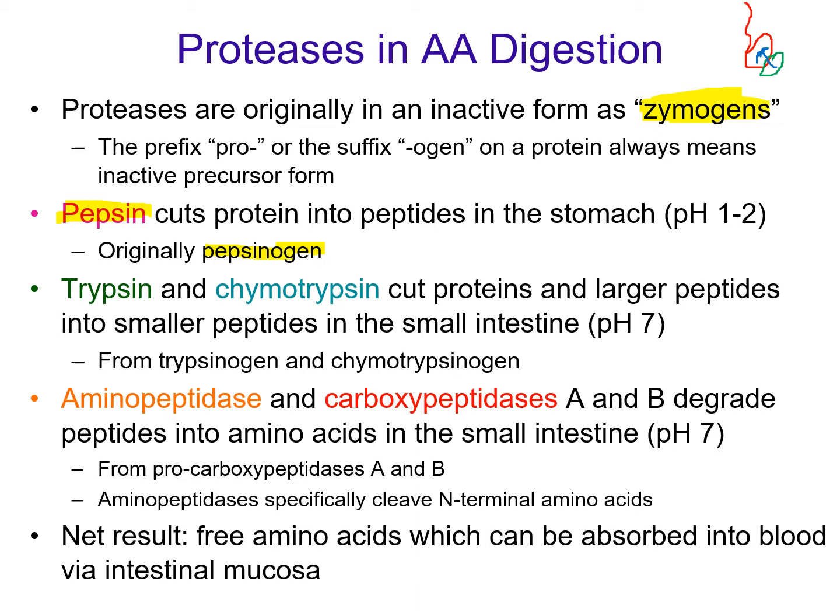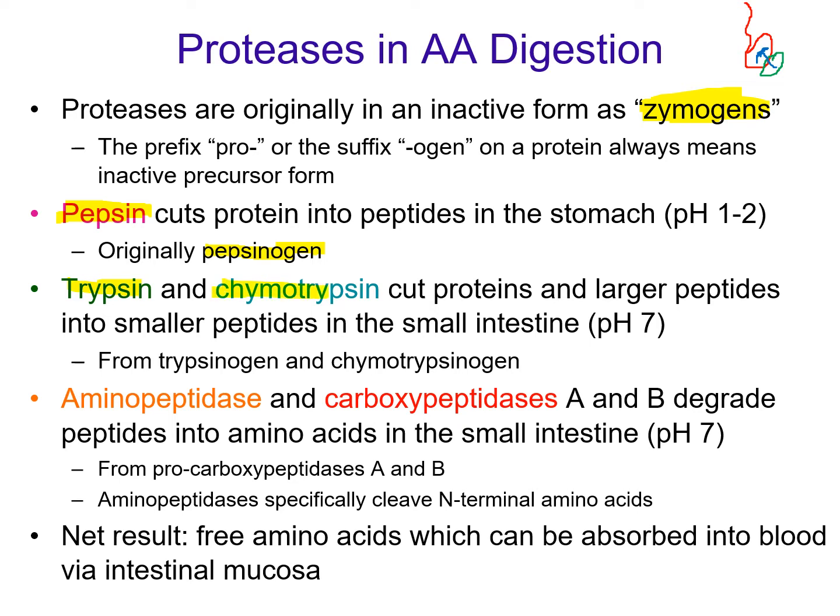Alright, so then we have other proteins. When they pass into the small intestine, the pH is different, and trypsinogen or chymotrypsinogen gets activated, and we get trypsin and chymotrypsin.